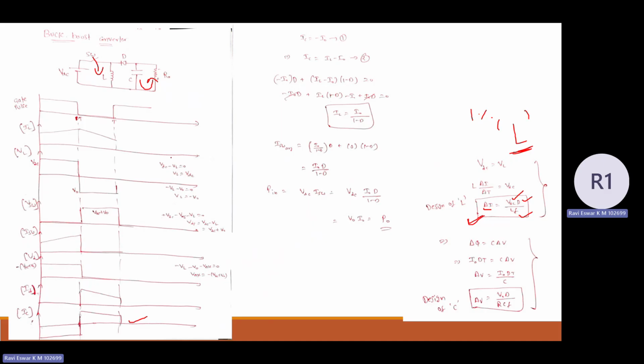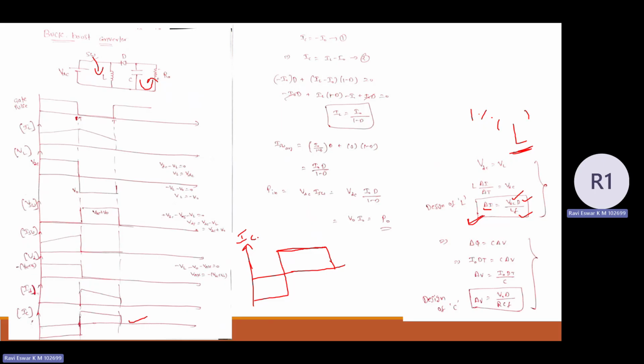So when the switch is closed, we write minus I naught. When the switch is open, the capacitor is charging through the inductor and the supply, and it follows the same shape as the inductor current. This is what we have seen for the boost converter, and the same is applicable for the buck boost converter.